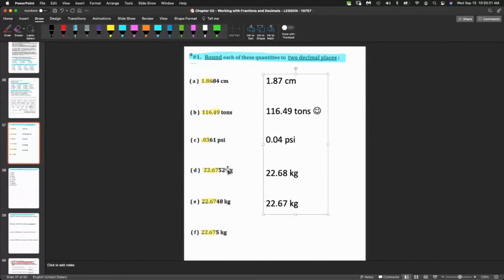So these two questions go together. They're companions. And then F, of course, is 22.68. Just give me 1 second here.